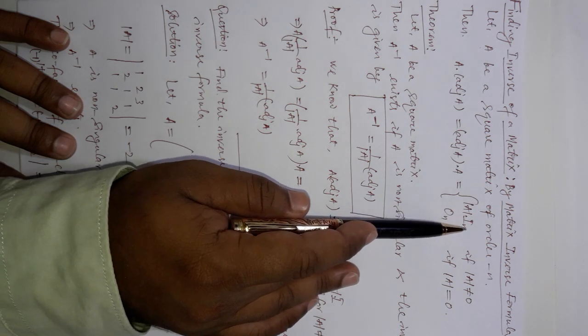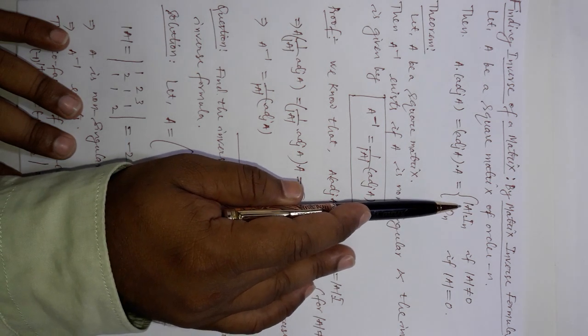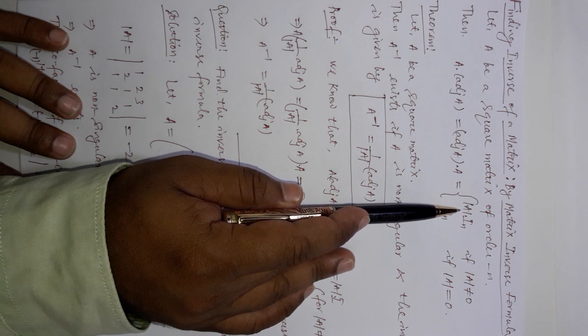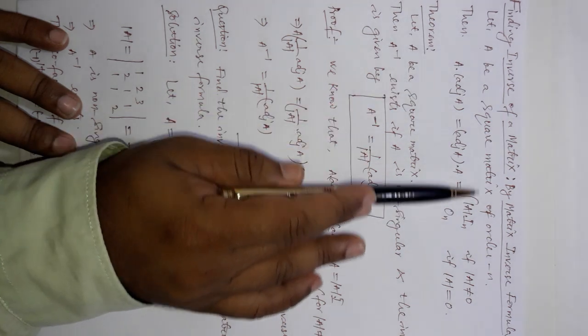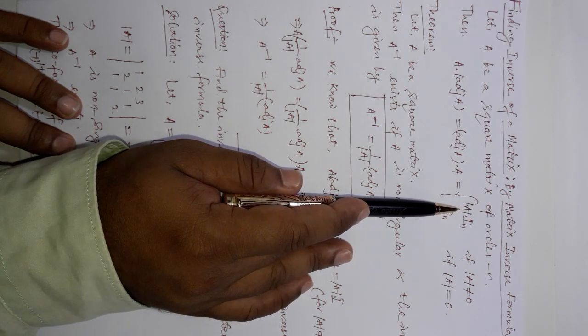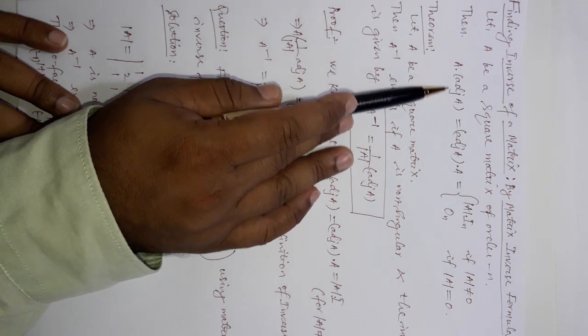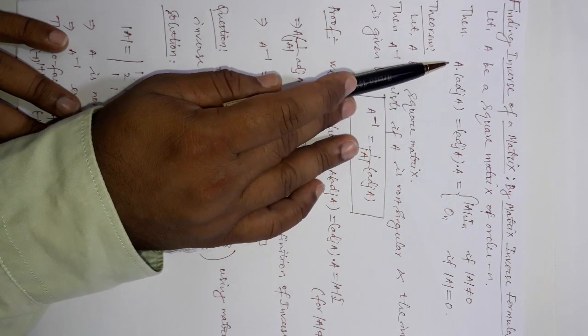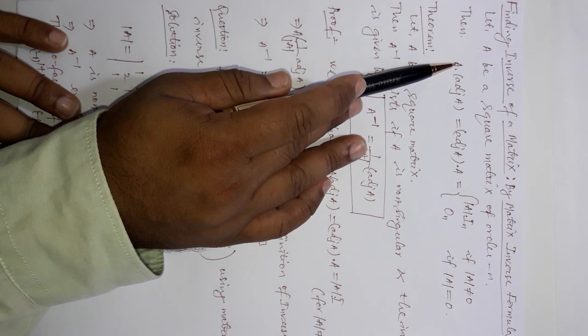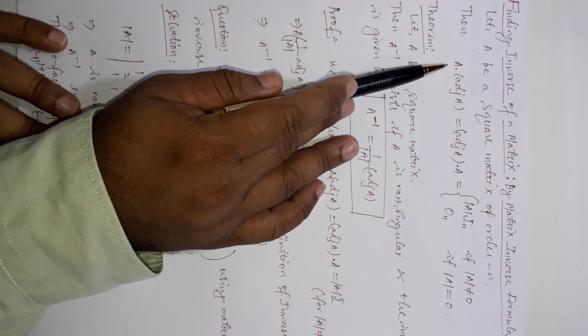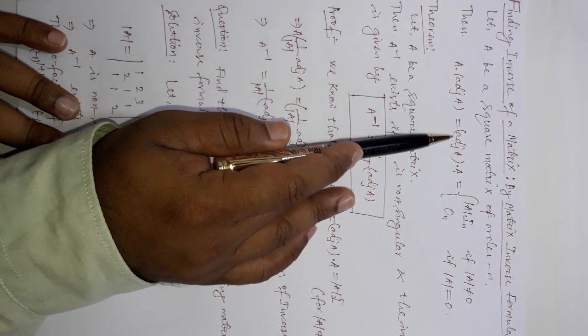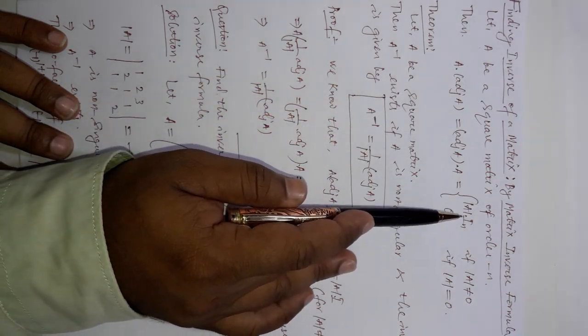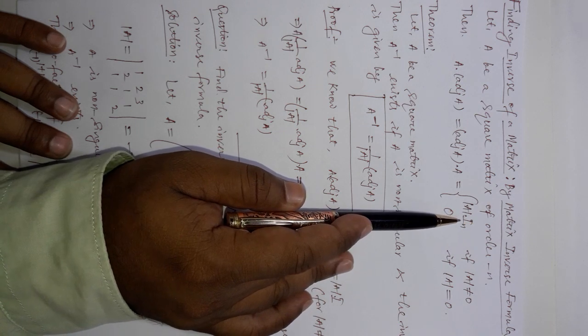Here I n is an identity matrix, while determinant of this matrix is a scalar, it is a number. So, I can cancel this determinant value by dividing it on both sides, as it is a number only. So, if I divide by determinant of A, the product of the matrix A with its adjoint divided by determinant of A will result in identity matrix of order n.